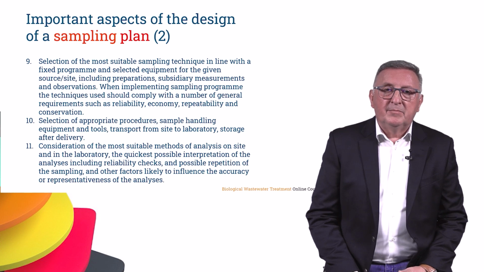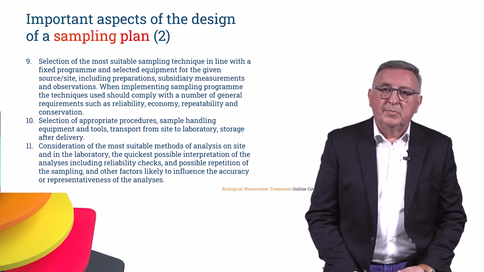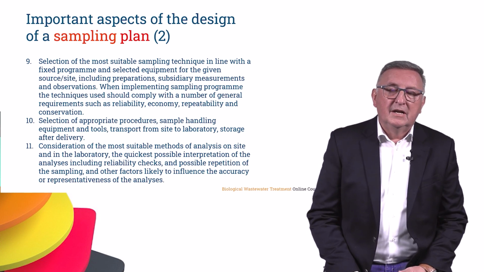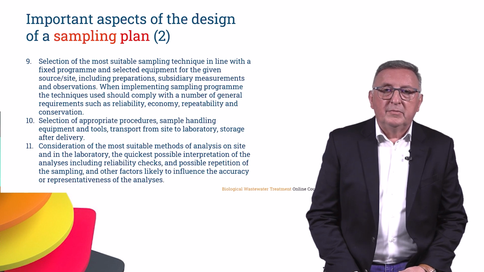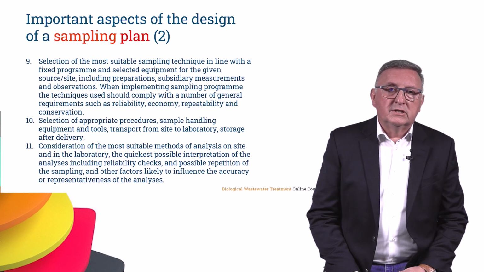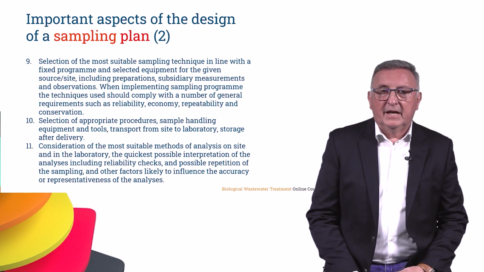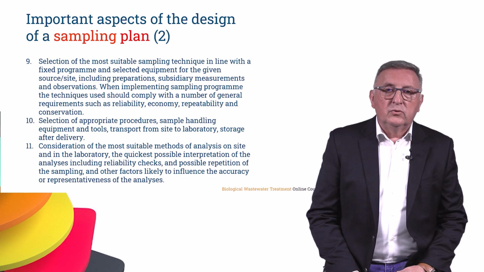When implementing the sampling program, the techniques used should comply with a number of general requirements such as reliability, economy, repeatability, and conservation. Selection of appropriate procedures, sample holding, equipment and tools, transfer from site to laboratory, and storage after delivery is also very important.